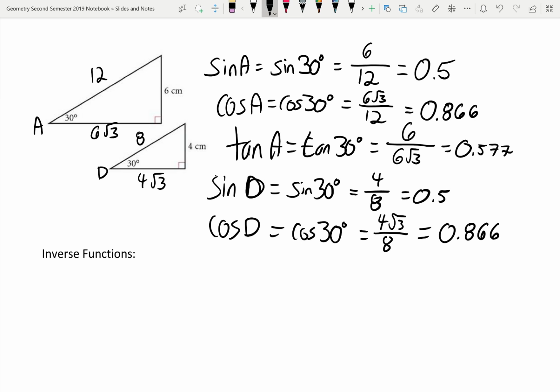So notice how even though the triangle is a different size, it's still the same ratio. It's 0.866. So when we do tan of D, that's tan of 30 degrees. That's going to be the opposite leg divided by the adjacent leg. That will again get 0.577.